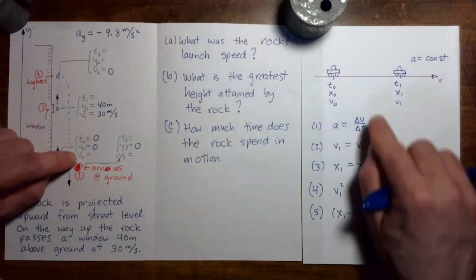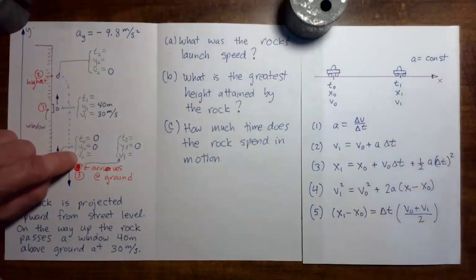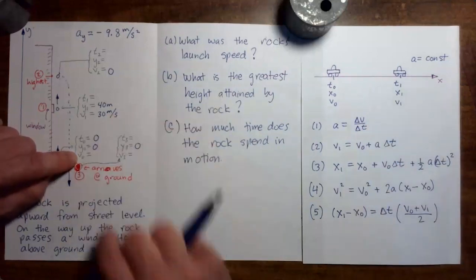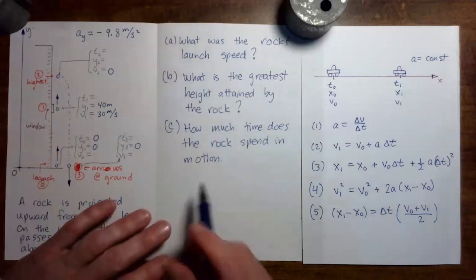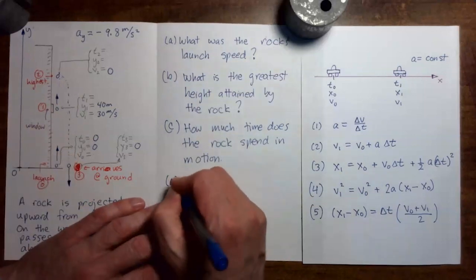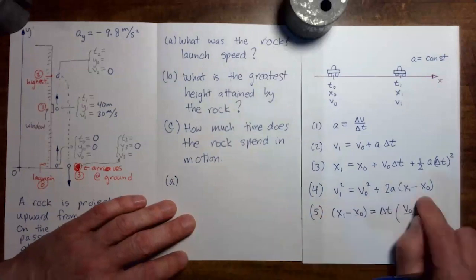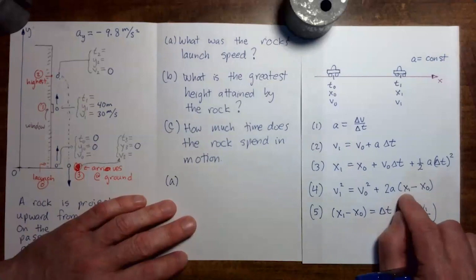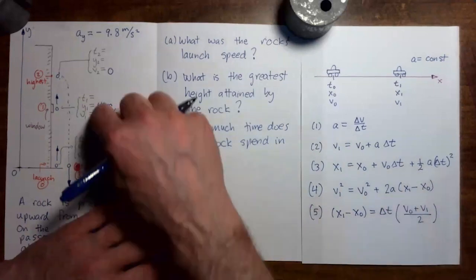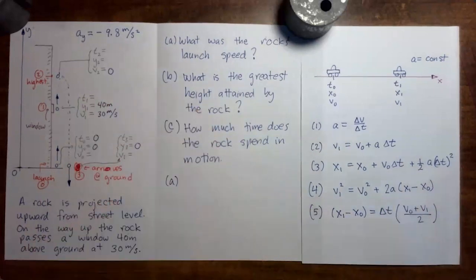So we go through the list here and see if we can find an equation connecting moment 0 to moment 1 where the only unknown is V0. See if you can do that. Okay, so perhaps you noticed that if you look at equation 4, we can just take it as written, except changing x's into y's, connect moment 0 to moment 1, and then from that we can solve for V0.